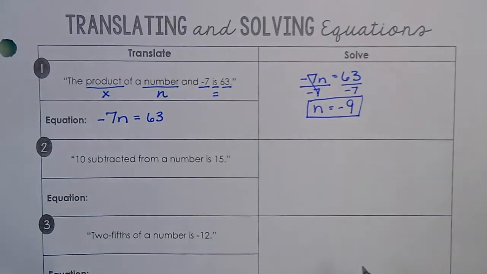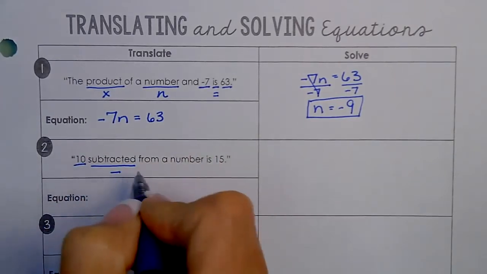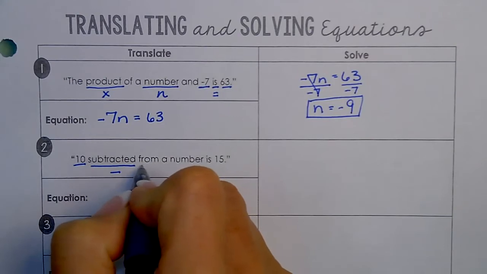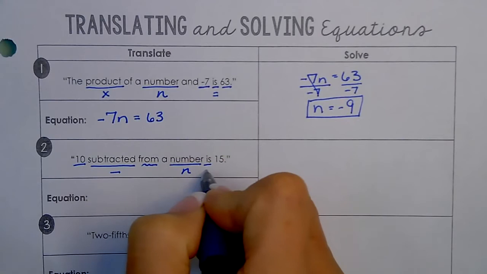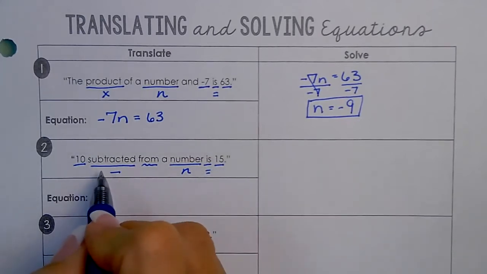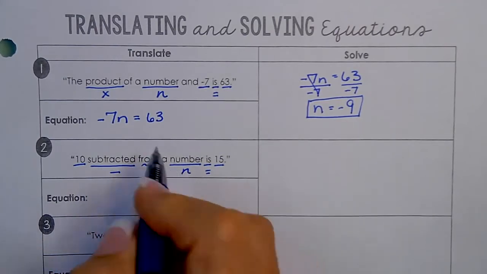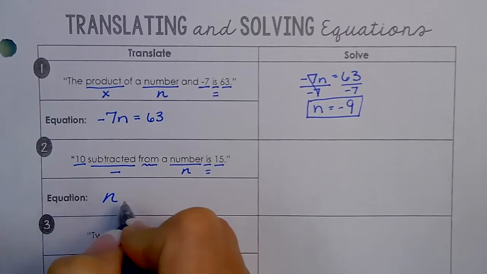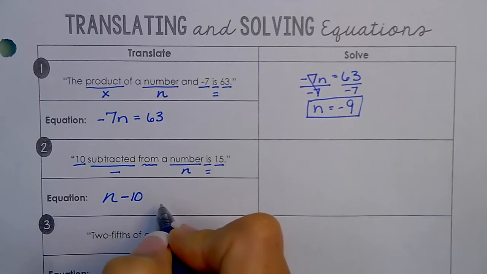Number two, 10 subtracted from a number is 15. So this is important. We're subtracting 10 from this number. So we start with this number and then subtract 10 from it.